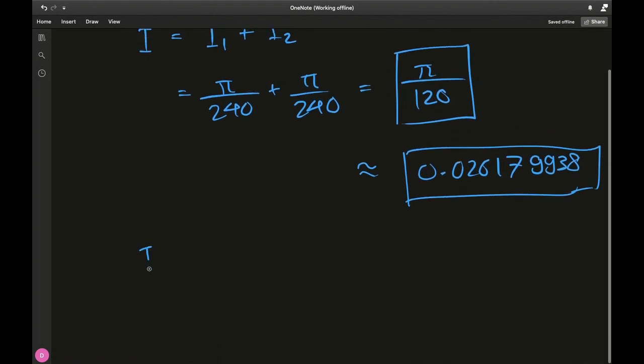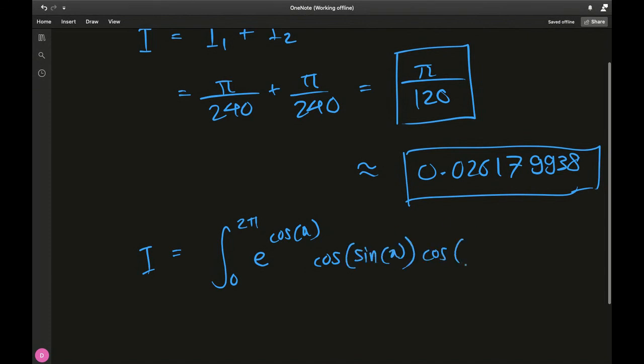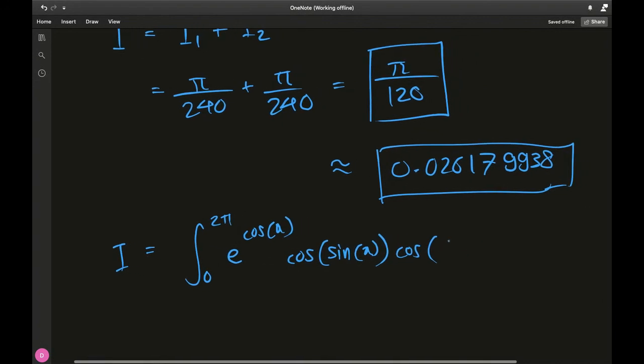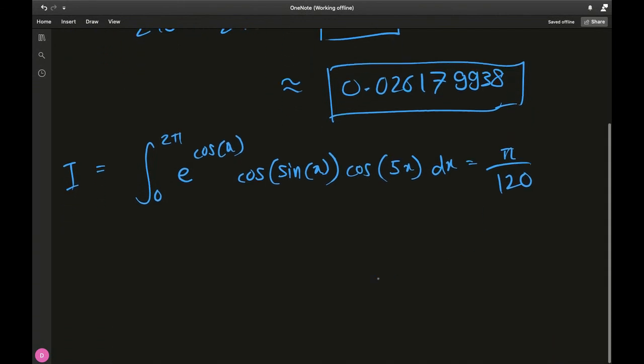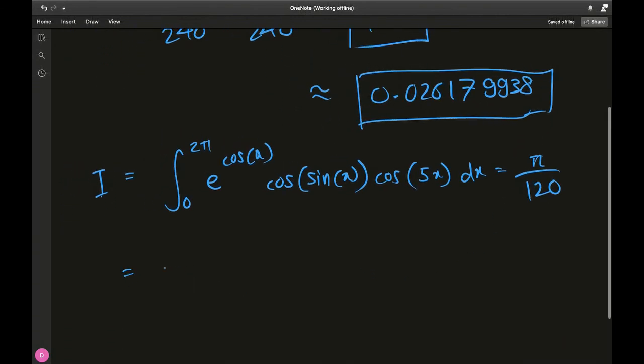So finally, I, which was defined as the integral from 0 to 2 pi of e to the cosine of x, cosine of sine of x times cosine of 5x dx just turned out to be pi over 120. And I think now we can generalize this.